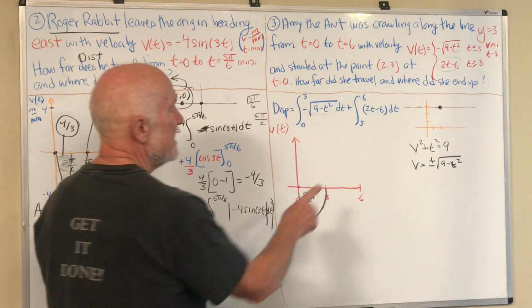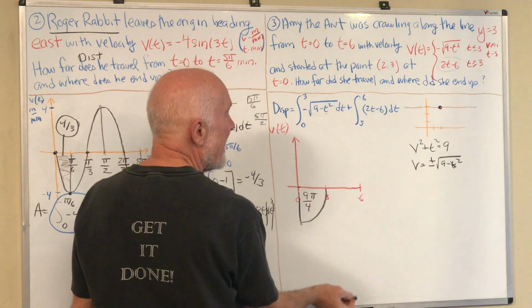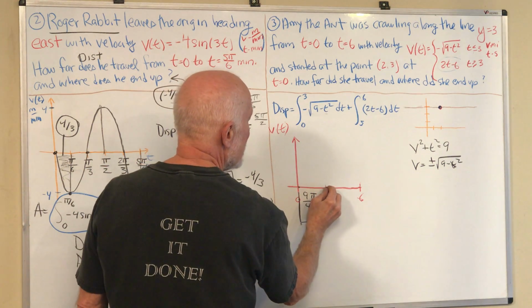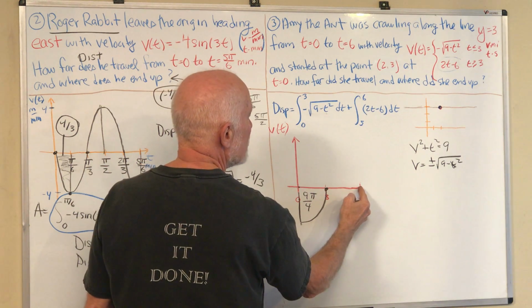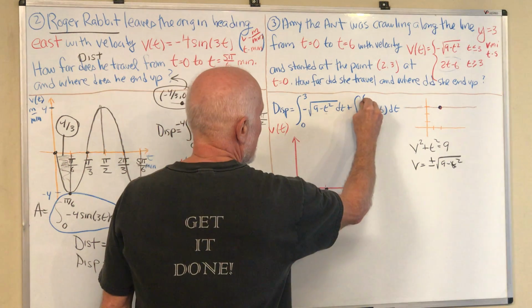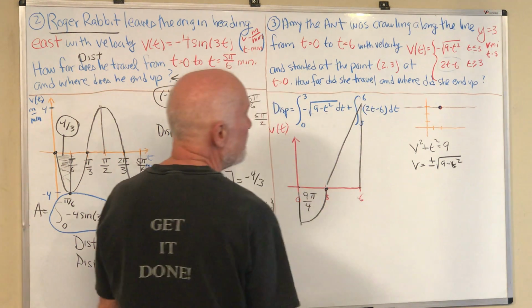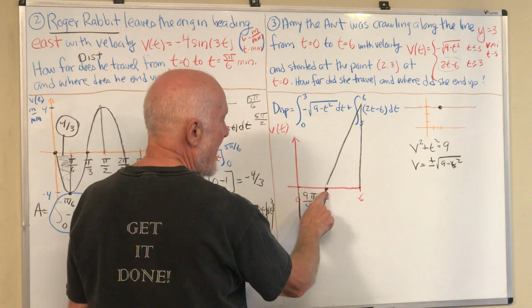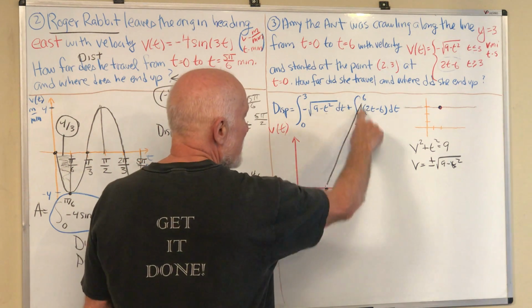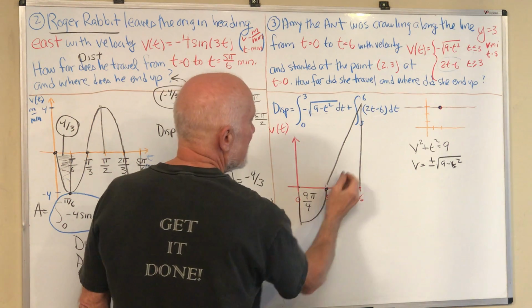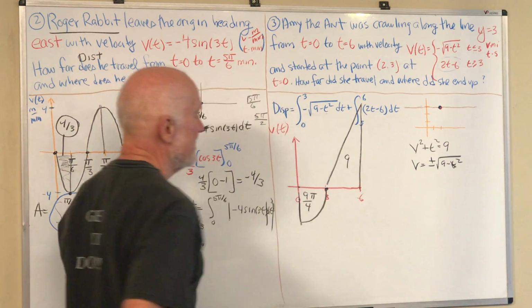And then, this is just a straight line. So when t is 3, you get 0, and when t is 6, you get 6. So we can find the area of this. It's 1/2 the base times the height. So that's going to be 6 times 3 times 1/2, which is 9.